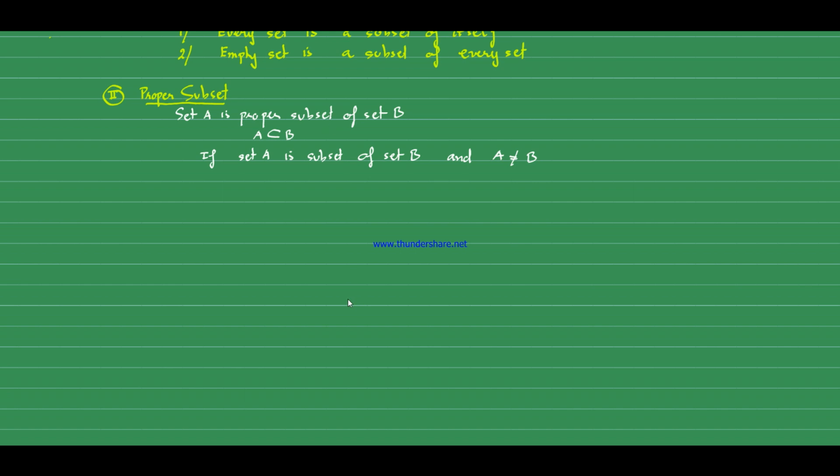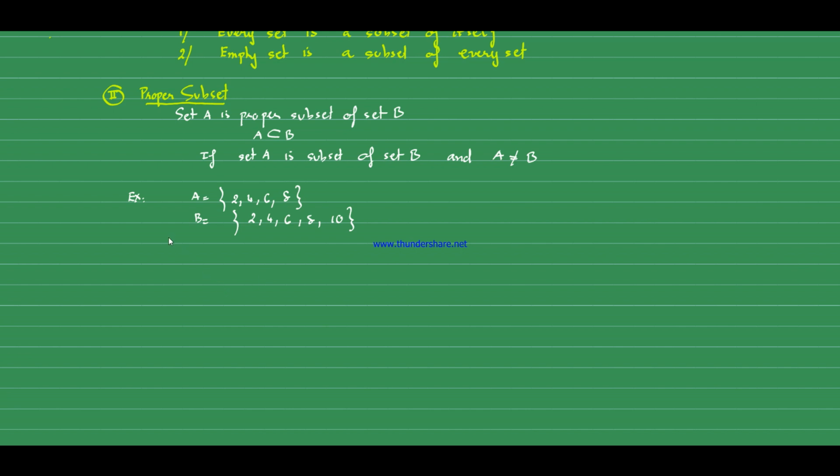For example, let me jump to an example right away, it's easier for you to understand. What if I have this? We have set A is {2, 4, 6, 8}, four elements, and over here I have set B, which is {2, 4, 6, 8, 10}.